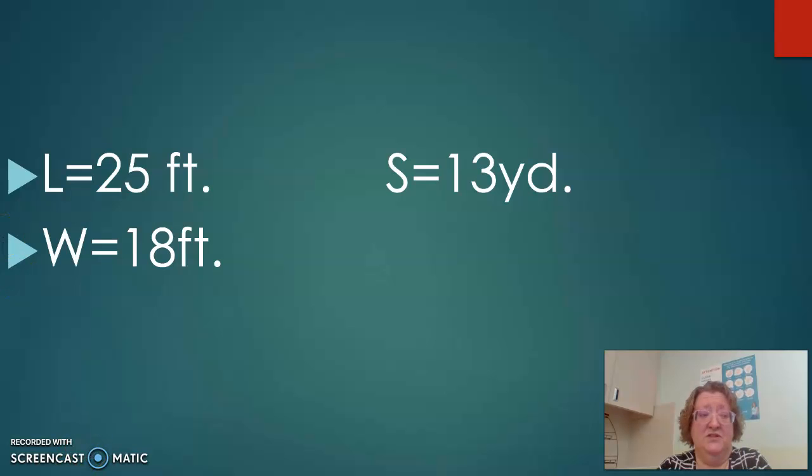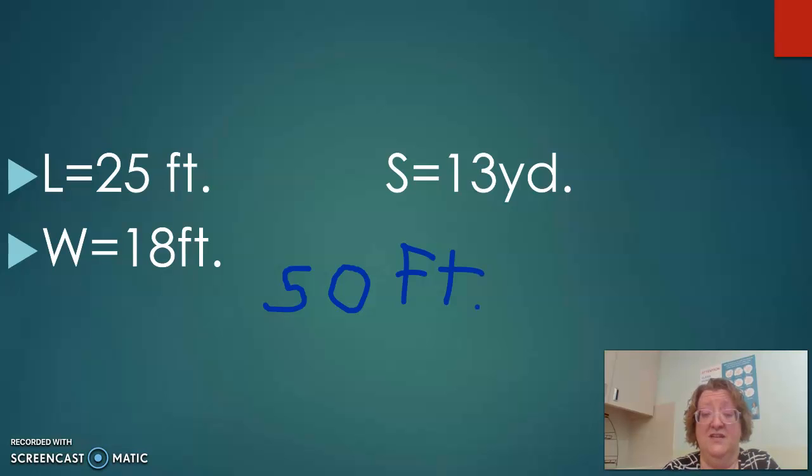All right, I'm going to assume at this point that we have this work completed. So class, what was the length of our rectangle? Yes, the length would be 50 feet. Can you tell me, Wesley, what the width of our rectangle would be?